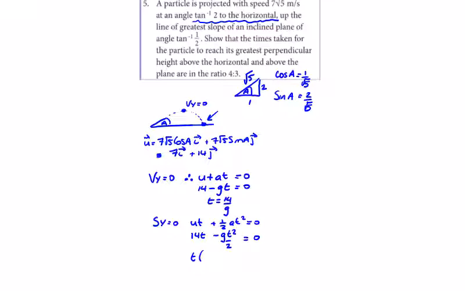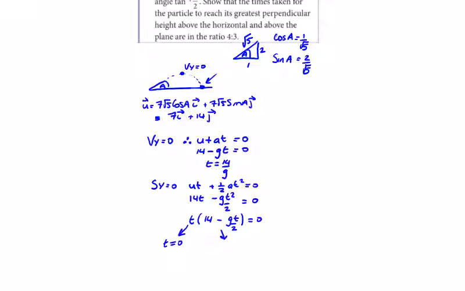Factor out your t to get t times 14 minus gt over 2 equal to 0. So your initial time is equal to 0, and then we have 28 is equal to gt. So 28/g is equal to t, which you can see is twice the greatest height time. So that's if it was just the horizontal.